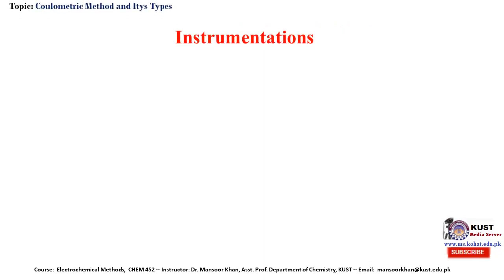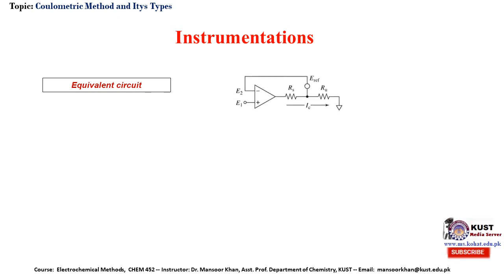Now, instrumentation. In this slide we will show all the images of potentiometric calorimetric methods in their instrumentation. The first one is an equivalent circuit. In the equivalent circuit we have resistors Ru and Rs.